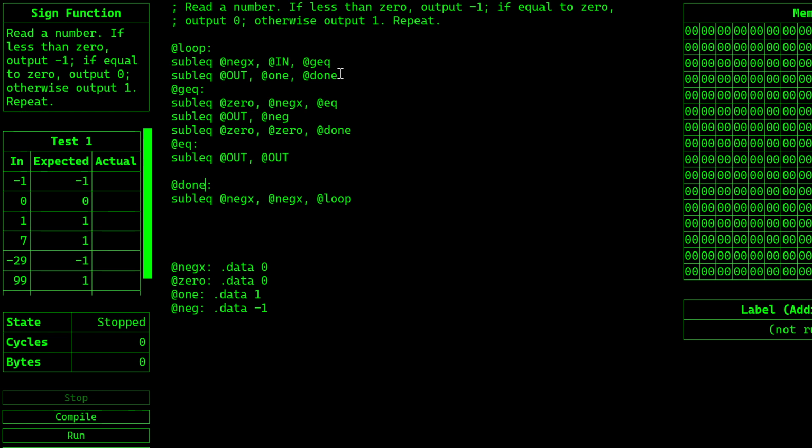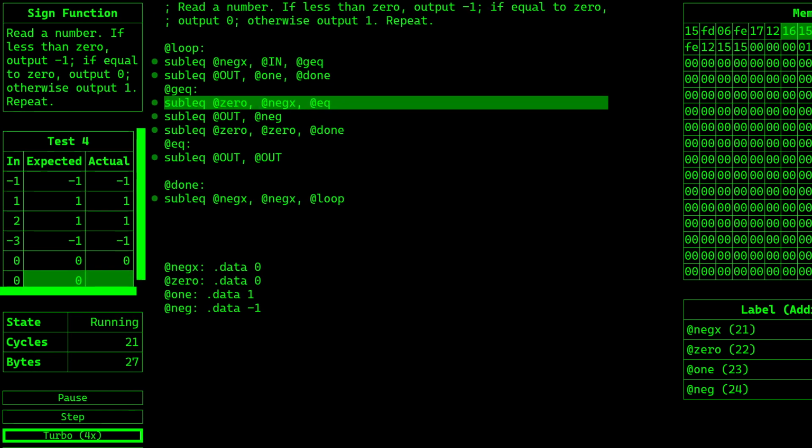Oh, although... No. I was thinking maybe the instruction here could avoid going down to done and just do its own cleanup on the way out, like Geek does. But it can't because it's conditionally branching. So, I don't know. This seems fine. We'll just run it again to re-enter that in the books and get out of here.